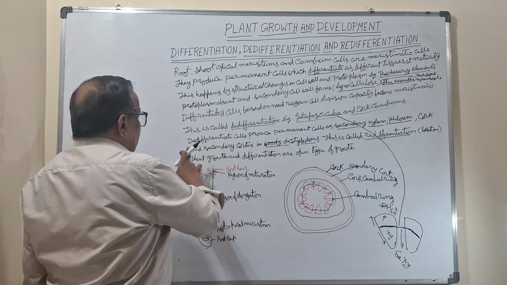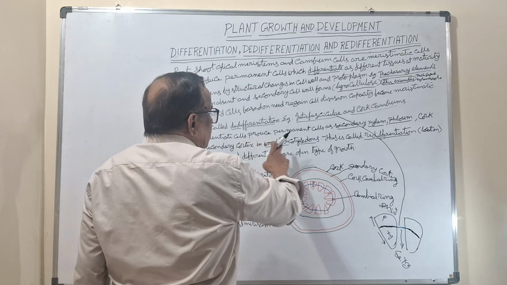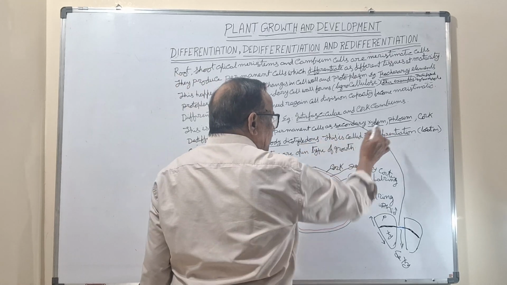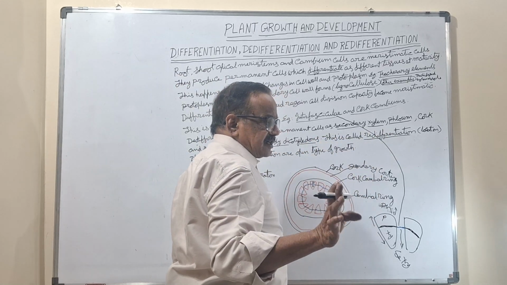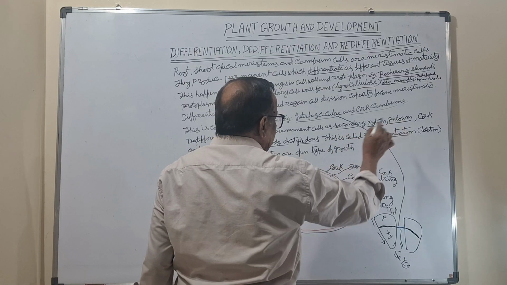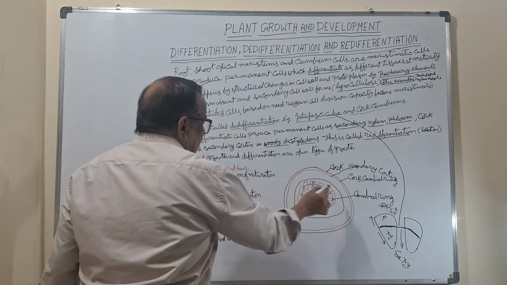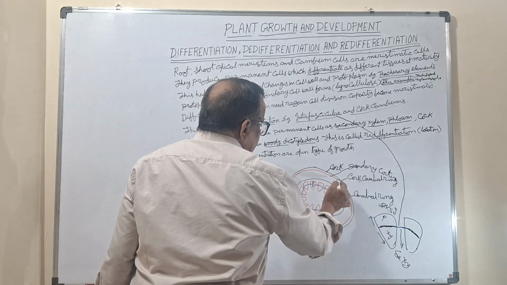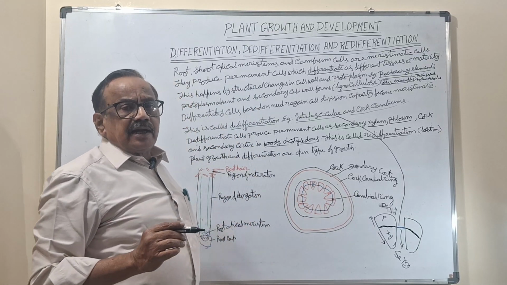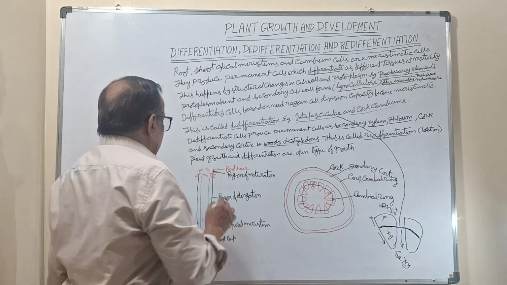And examples are differentiation that produces permanent cells. Secondary xylem, this is not given in the book, but it is better to remember it: secondary xylem, secondary phloem, cork, and secondary cortex. They will be produced by the cork cambium and vascular cambium.